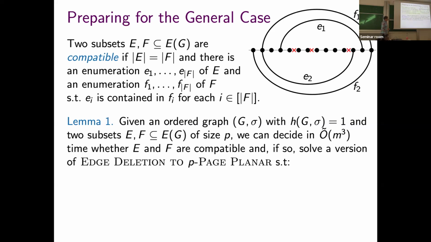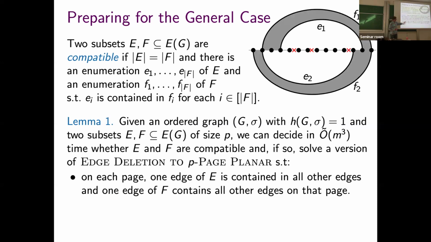And now we can decide whether they are actually compatible. That's not so hard. And if this is true, then we can solve a version of our problem such that on each page, we are only interested in edges that fit between E1 and F1 and E2 and F2. And we want to maximize the number of things that we can stuff into them together.